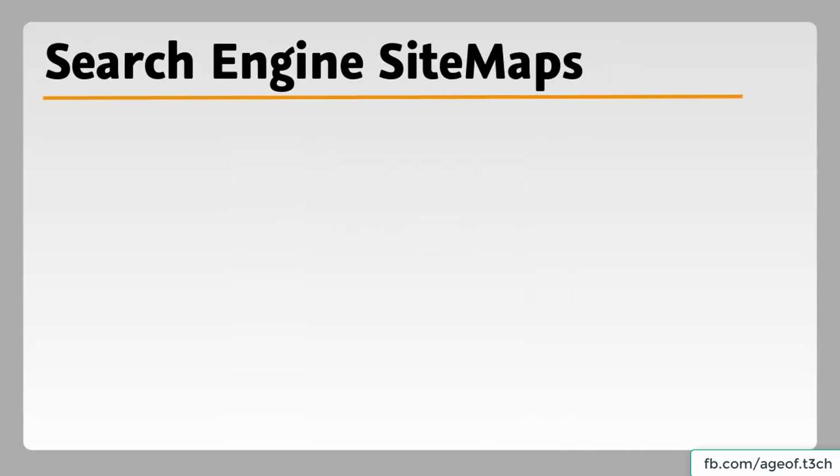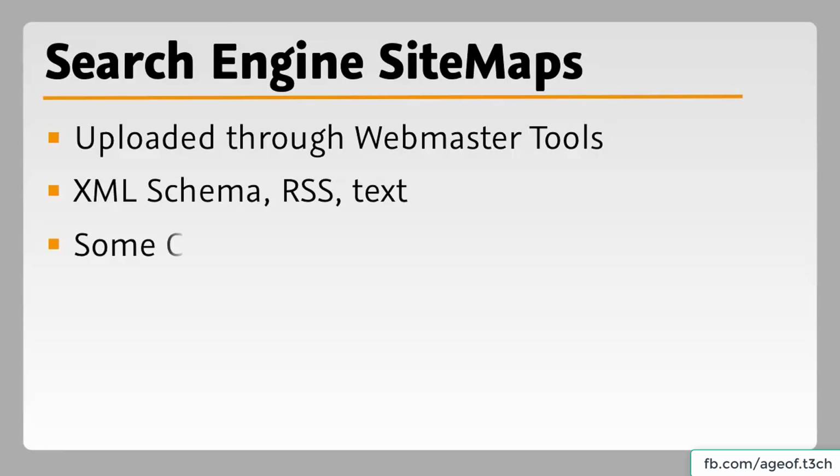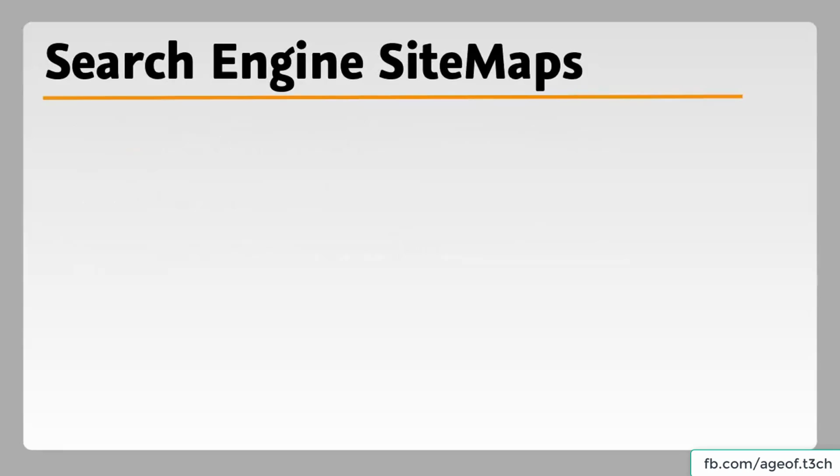Now, search engine sitemaps actually are really simple. You upload it through Webmaster Tools, and it's simply an XML schema or RSS or a text file. And sometimes your own content management system will be able to export or create a sitemap that you can upload. The sitemap is real simple.